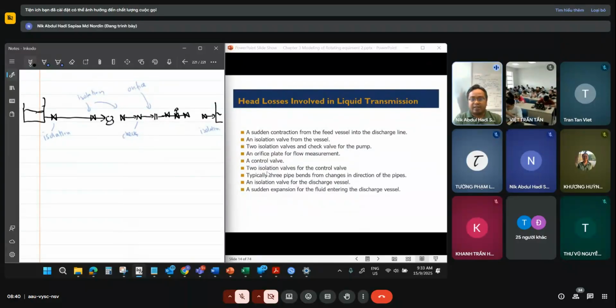And then the next point is about 3 pipe bends. Later we take that into consideration. And we have an isolation valve for this discharge vessel.